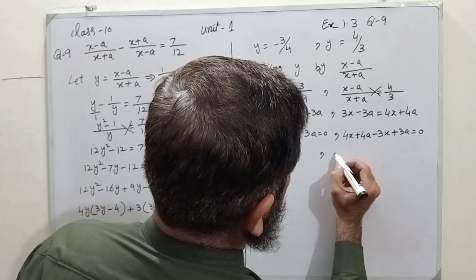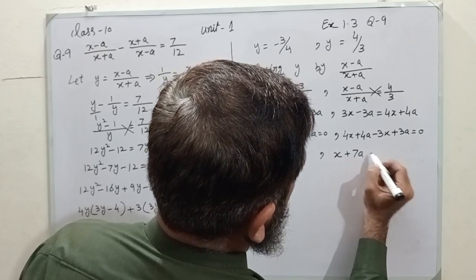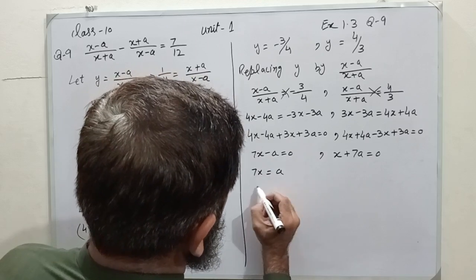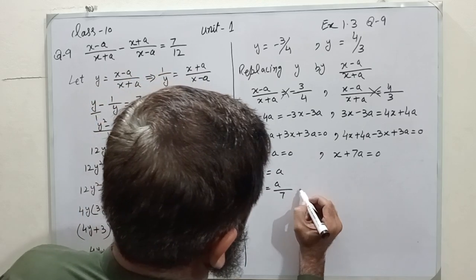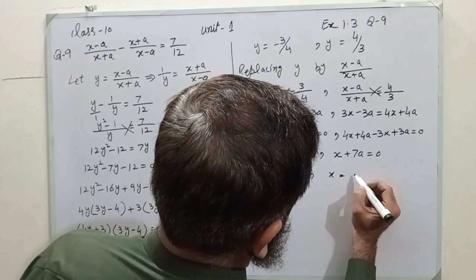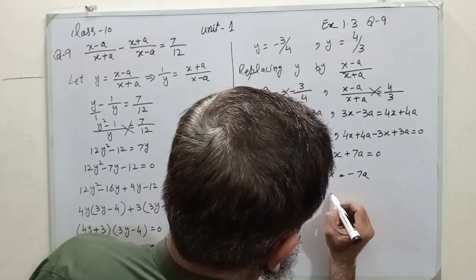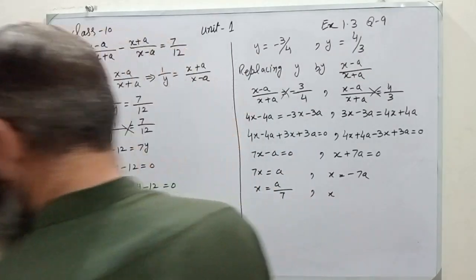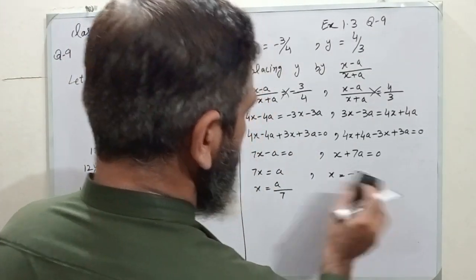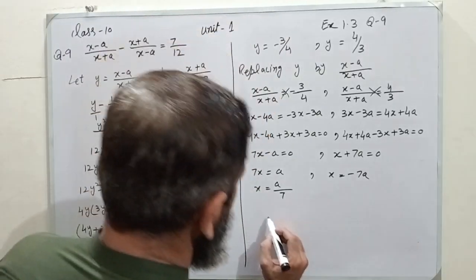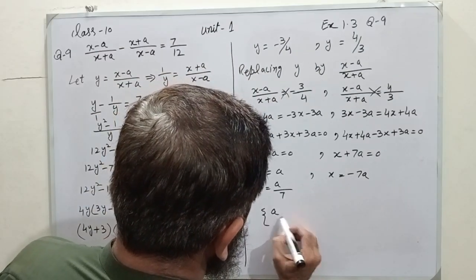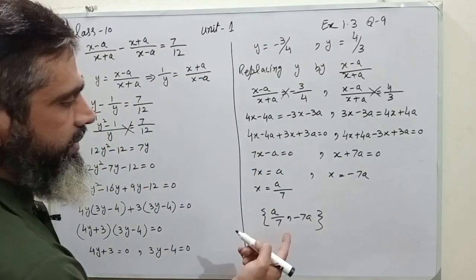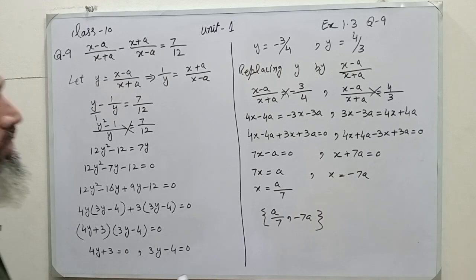So 4x minus 3x is x plus 7a is equal to 0. 7x is equal to a, x is equal to a over 7, and here x is equal to minus 7a. So this a over 7 and minus 7a is the solution set.